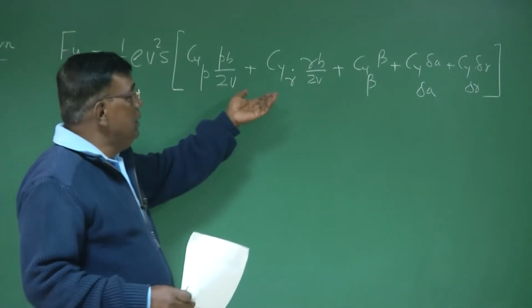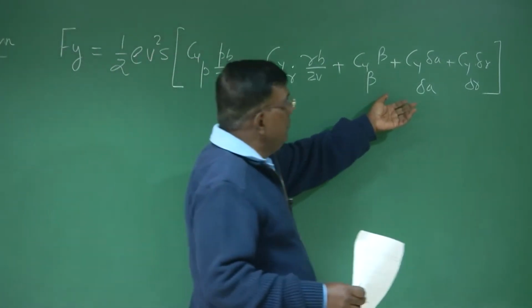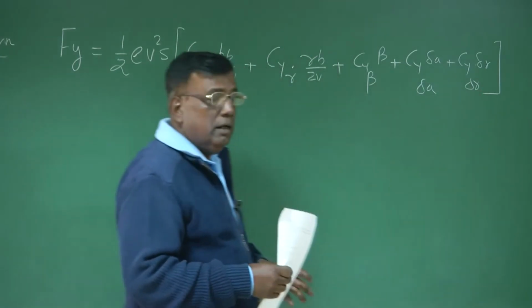If there is a roll rate, a yaw rate, a beta, an aileron deflection, a rudder deflection.